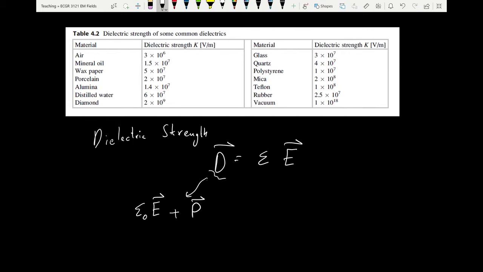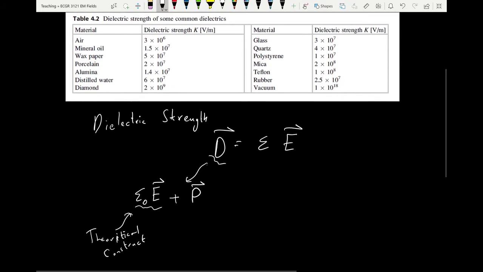We established this fact. Now, the interesting thing about the polarization due to free space is that this is a theoretical construct.